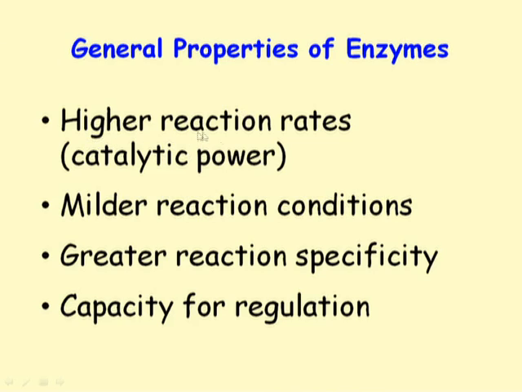They can speed up the reaction rate much higher than the uncatalyzed reaction and make it compatible with the necessity of living systems. Besides that, enzymes are able to carry out these reactions under much milder conditions than chemical catalysts. They require lower temperatures, normal, near neutral pH, and so on.